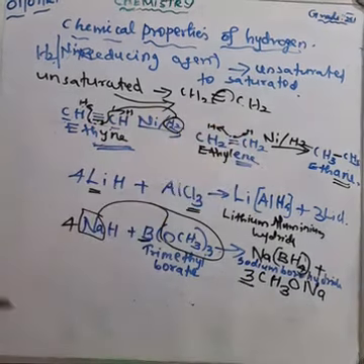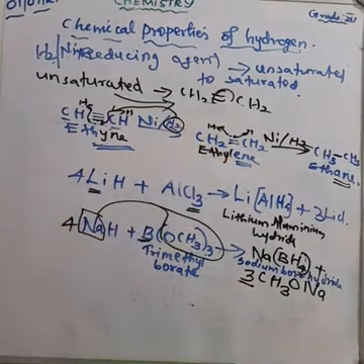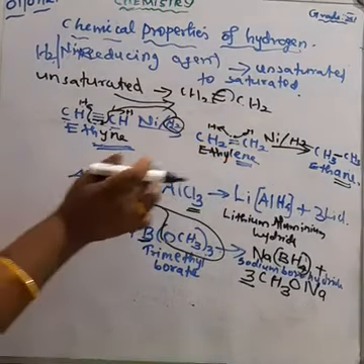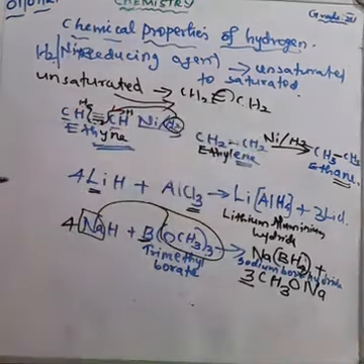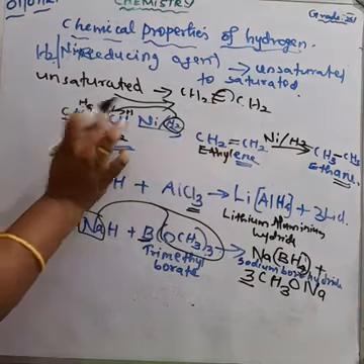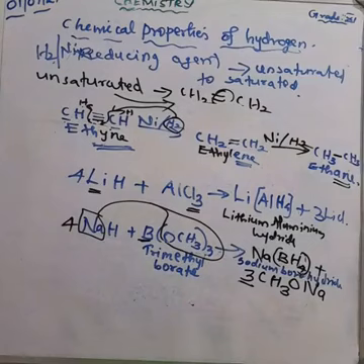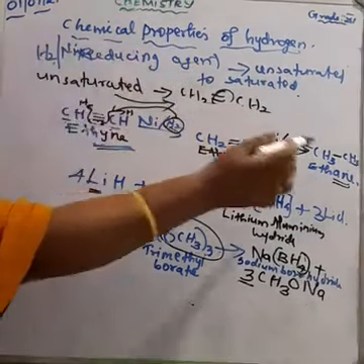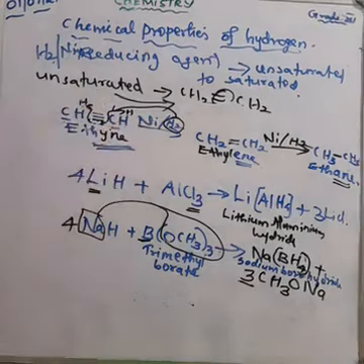So it forms ethane. So hydrogen is one of the very important reducing agents. We can convert an unsaturated organic compound to a saturated organic compound by using nickel with hydrogen.